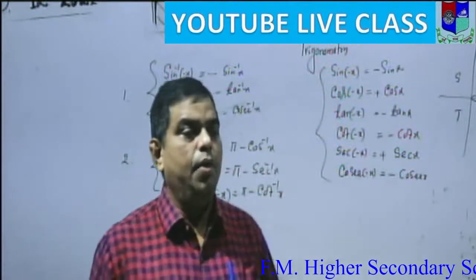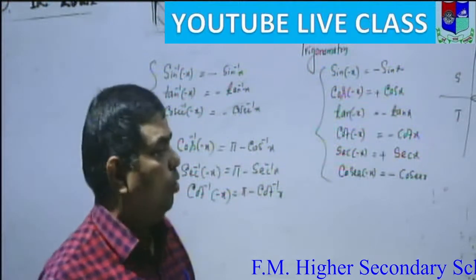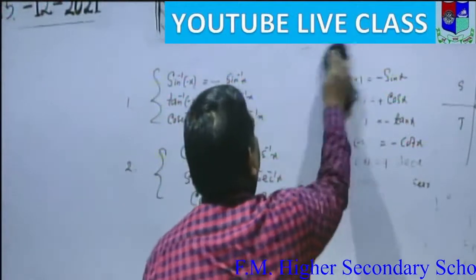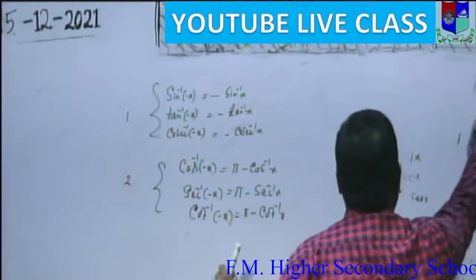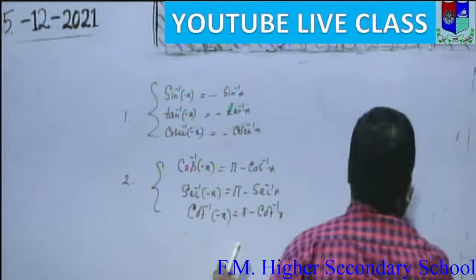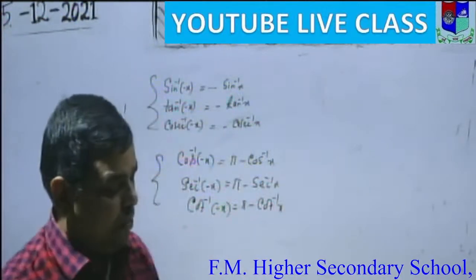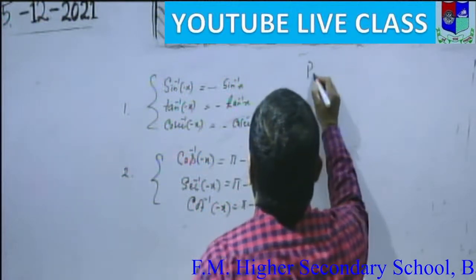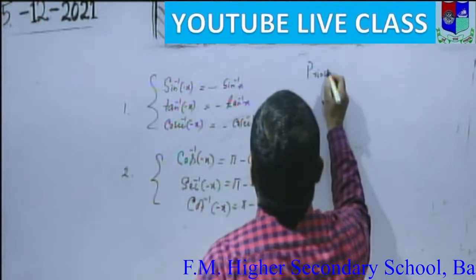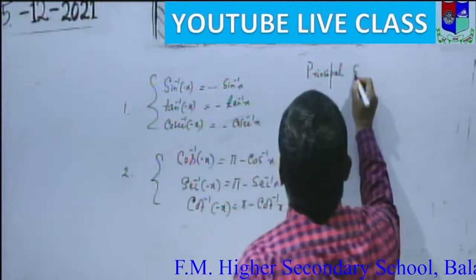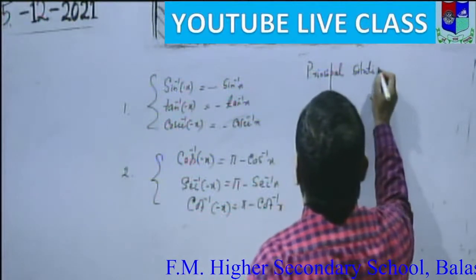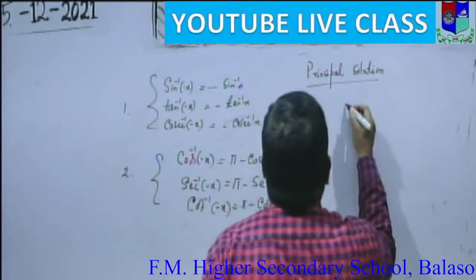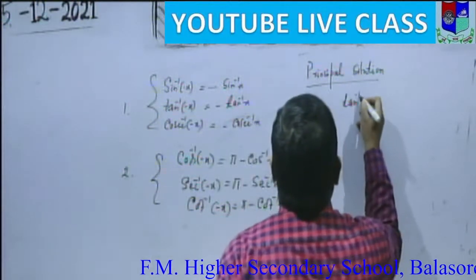How can we find the principal solution to a given question of inverse trigonometry? Find the principal solution of tan inverse 1.